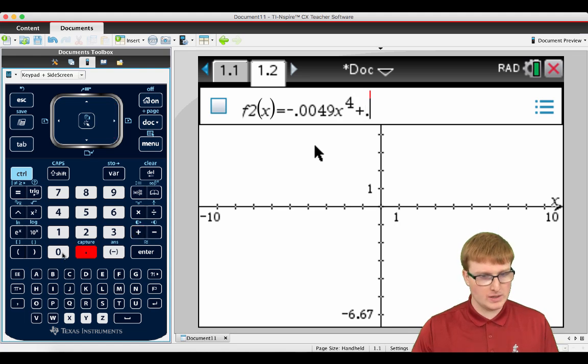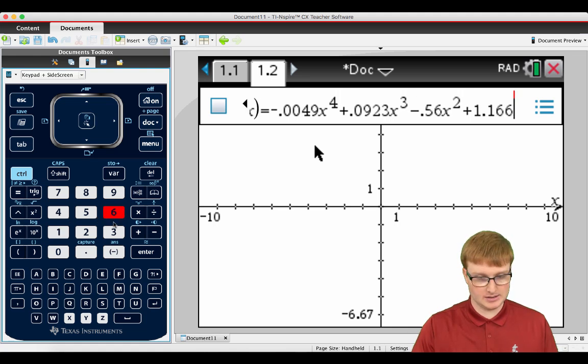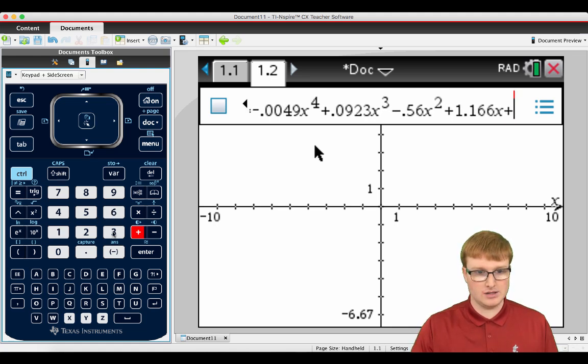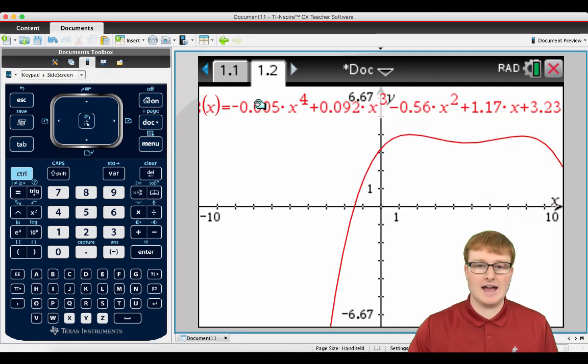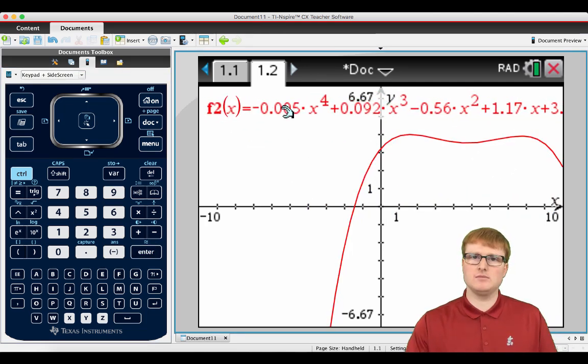Plus 0.0923 x to the third power minus 0.56 x squared plus 1.166 x plus 3.23. Enter.